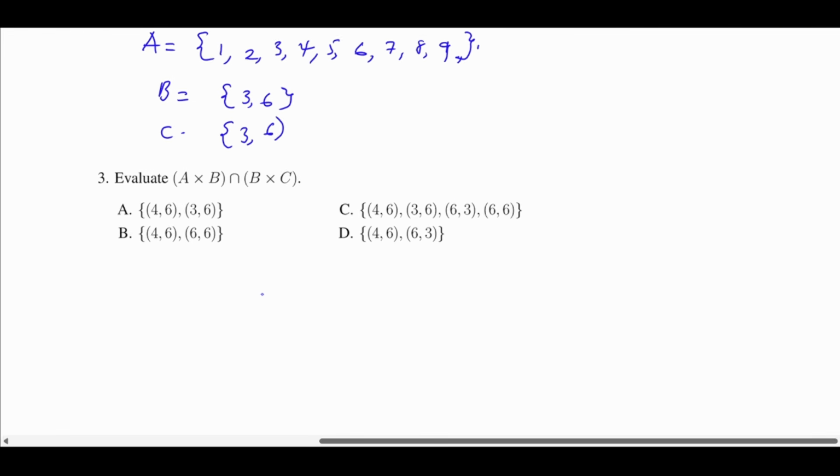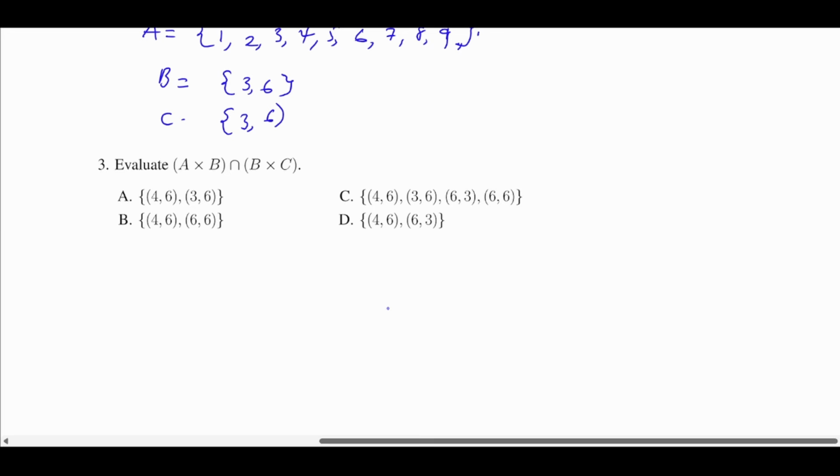Now question 3 says we should find A cross B intersection B cross C. So A cross B, what would we have?